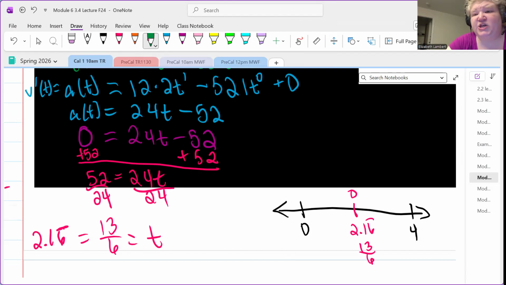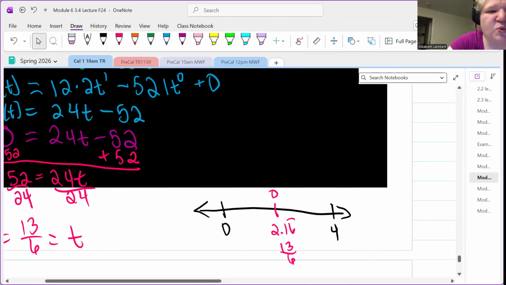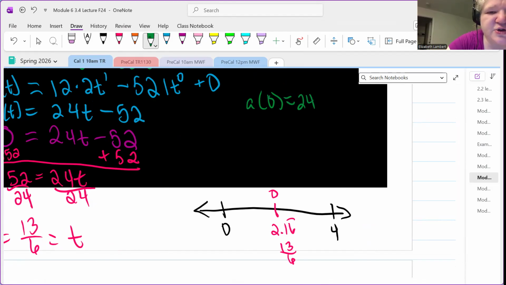So now I need to know, well, where is it negative? Where is it positive? Like, which side does what? So if I plug 0 into my acceleration, I'm going to work that up here. So the acceleration at 0 is 24 times 0 minus 52. So it'll be negative 52. So everything before 2.16 is negative acceleration.